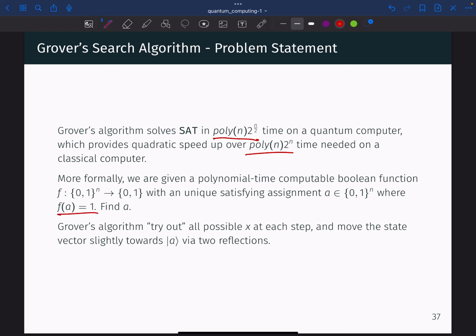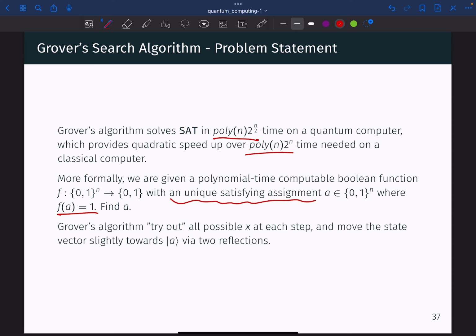So we need to find this a. We're assuming that there is a unique satisfying assignment. Effectively, what Grover's algorithm does is try out all possible x at each step and move the state vector slightly towards a via some reflection.